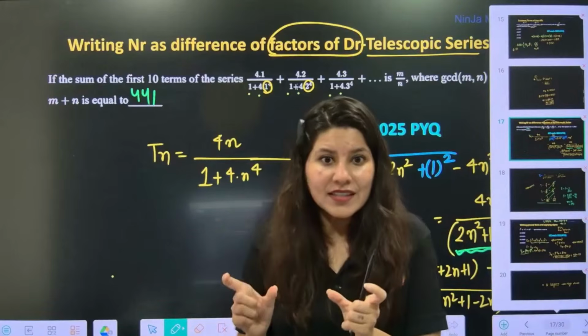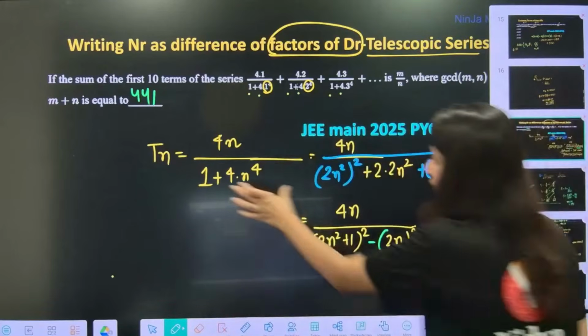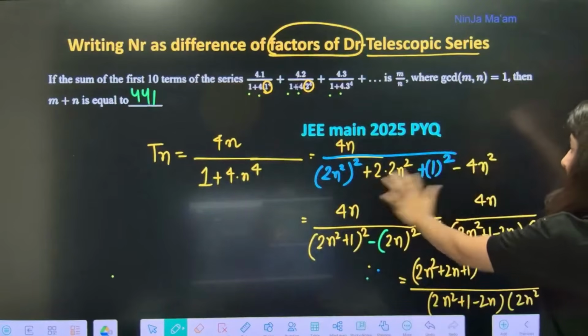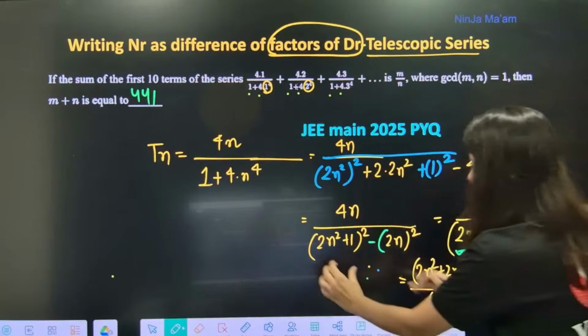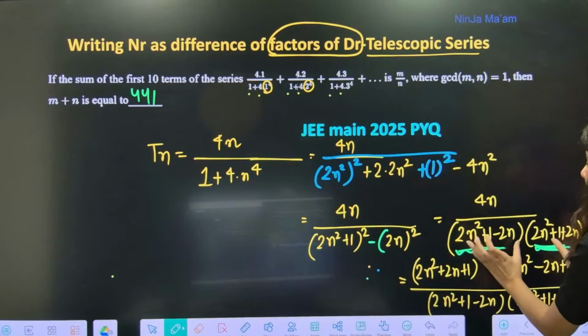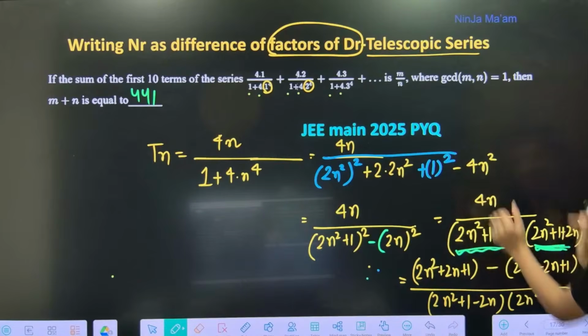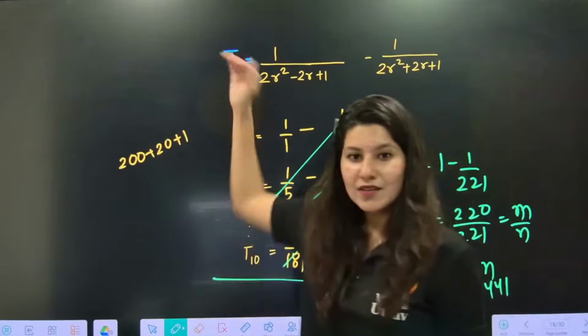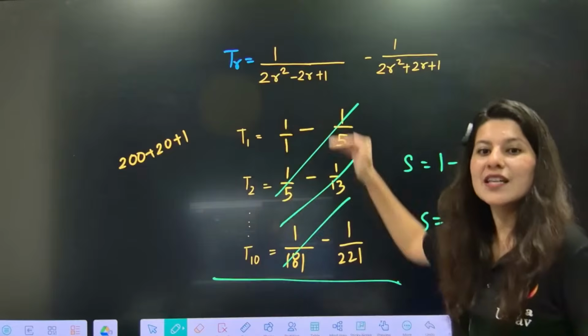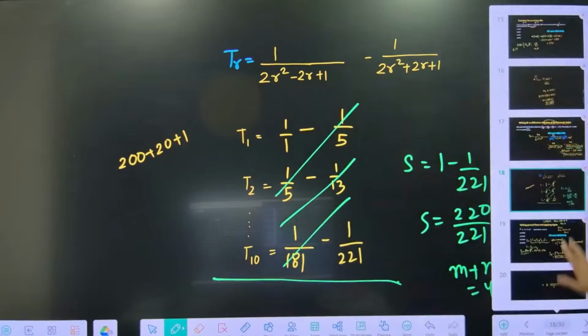If not, you have to add something and subtract something, and then eventually create the factors, and these two factors create the difference in the numerator just like this. So eventually you get the general term in this format. Now you just have to put T1, T2, T3 so that the telescopic series will get formed.